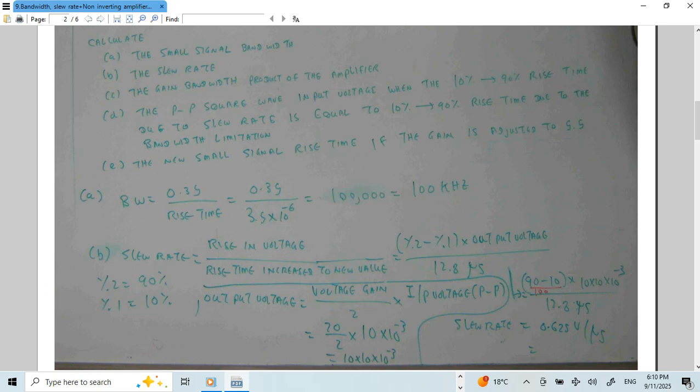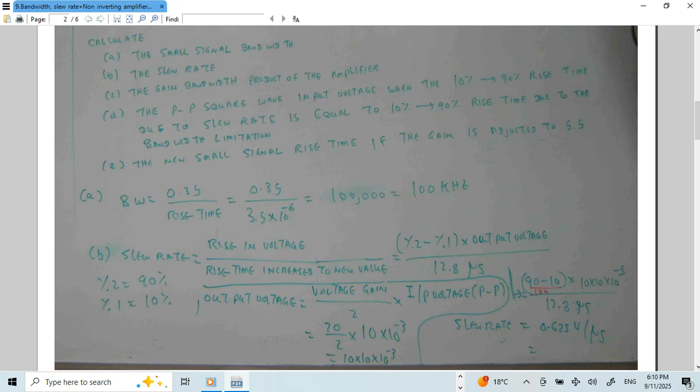So we substitute the equation here. By substituting the voltage gain divided by 2 and the input voltage P2P, the whole thing is done. So percentage 2 is at 90 minus percentage 1 at 10, multiplied by the output voltage: 20 by 2 into 10 into 10 power minus 3, divided by the 12.8 into 10 power minus 6.